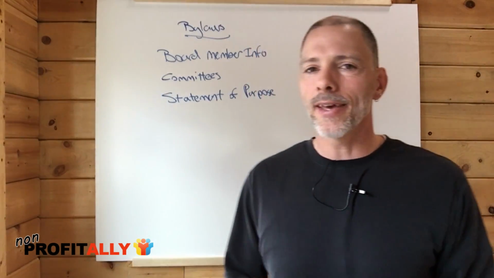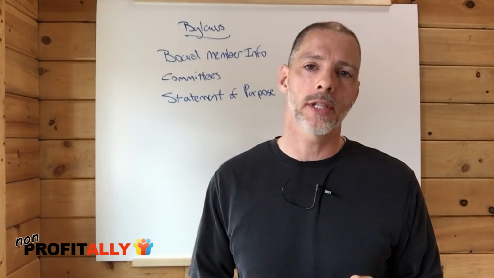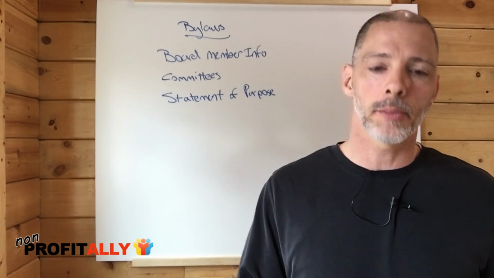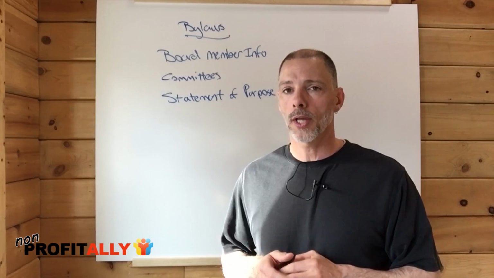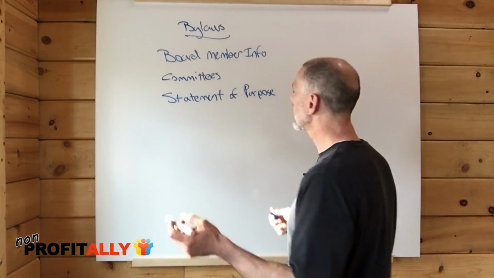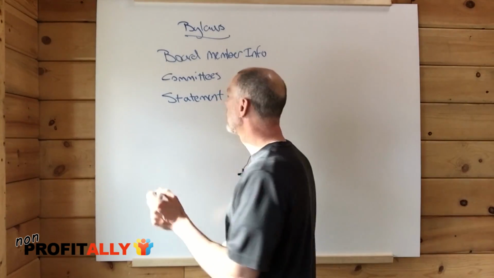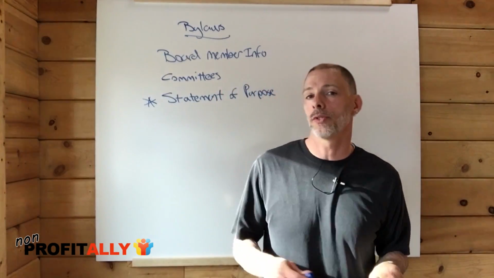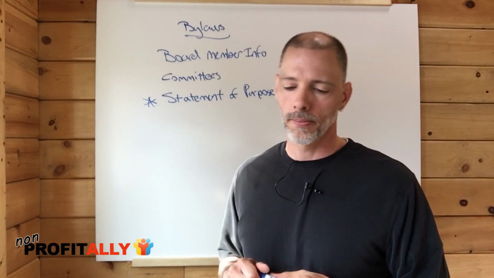They don't require certain language, which is nice, but they give you an example of language they would like to see in your purpose statement. And I include that in some of the links below. If you download my sample bylaws, you go to the blog post I have posted, you will see a link to, as well as a cut and paste version of, the statement of purpose that the IRS would like to see, not required, but like to see in your bylaws.